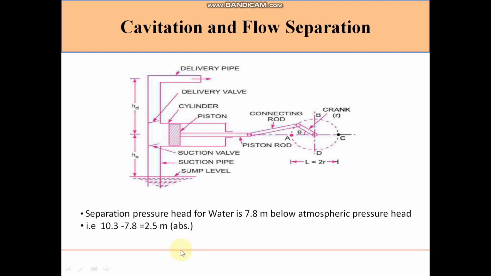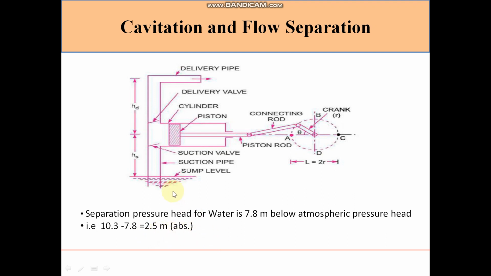Commonly, the separation pressure head for water is 7.8 meter below atmospheric pressure head. This is the standard value of separation pressure head for water. In the absolute pressure scale, this value becomes 2.5 meter of water.